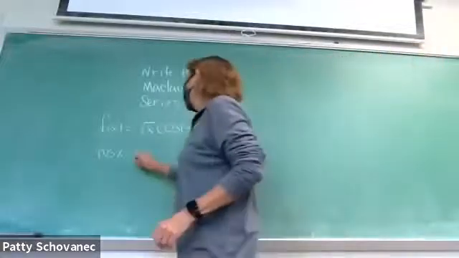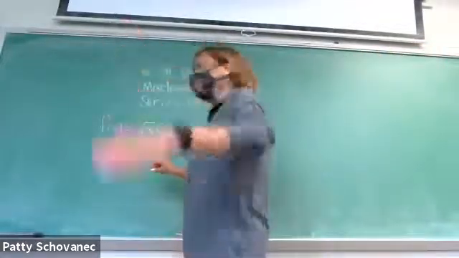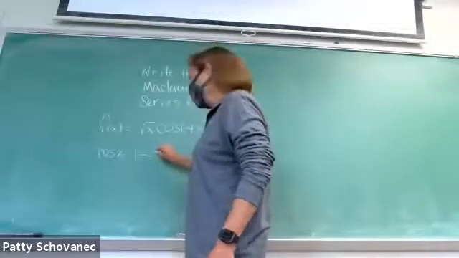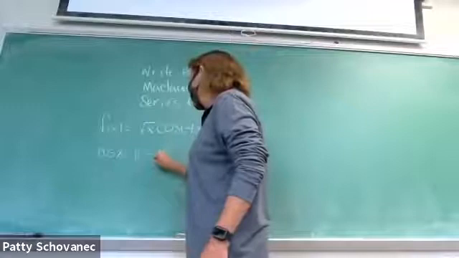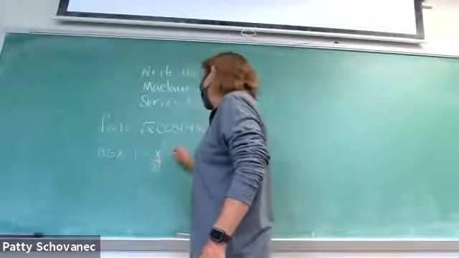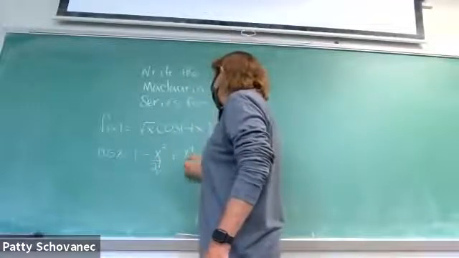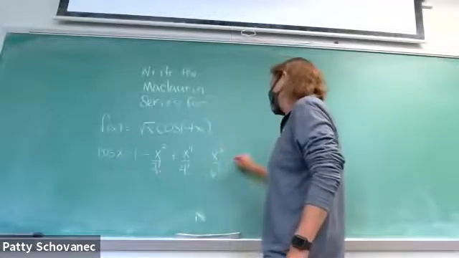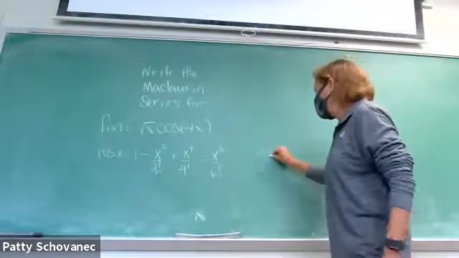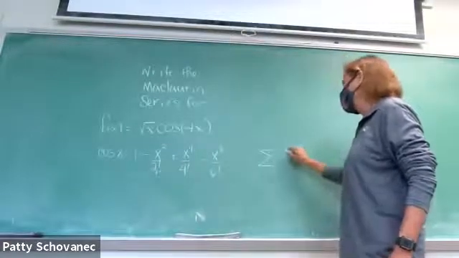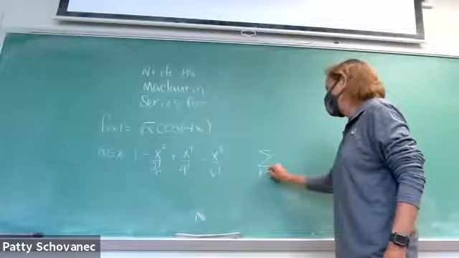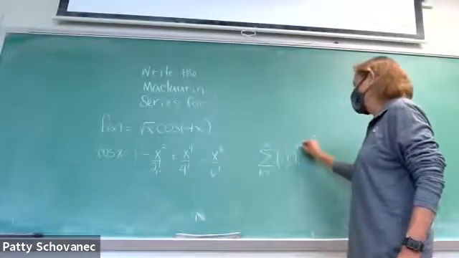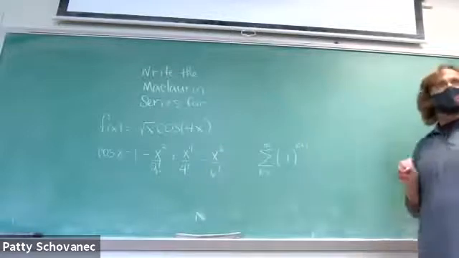One, minus x squared over 2 factorial, and then plus x to the 4 over 4 factorial, minus x to the 6 over 6 factorial. So in series form, let's see, we start with k equal to 0 and go to infinity, alternating the sign to get the first one positive. I think we could do that, right?